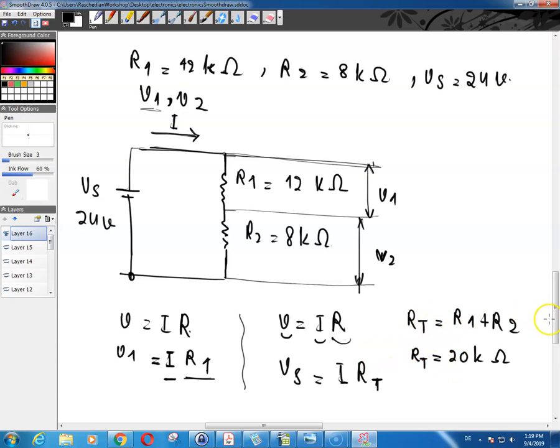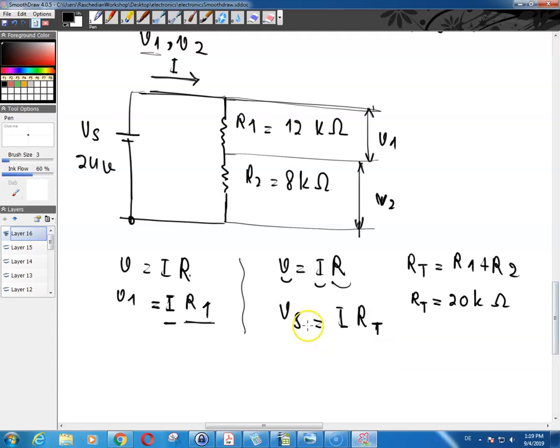So what that means is that V of S, which is 24 volts, is equal to the product of the current and the resistance. So you write the current as I, and your resistance is 20 into 10 raised to the power 3 ohms. That's 20,000 ohms, or 20 kilo.